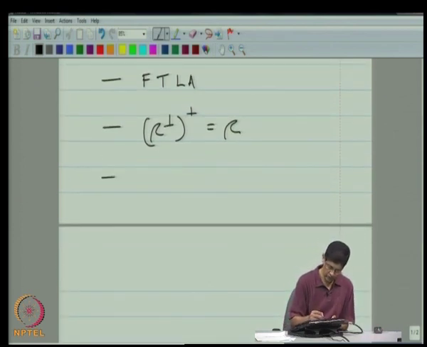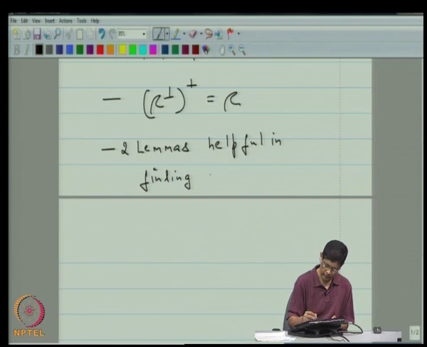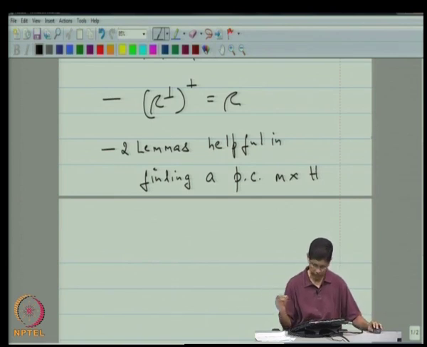We next focused on lemmas. We provided two lemmas helpful in finding a parity check matrix H for the code.